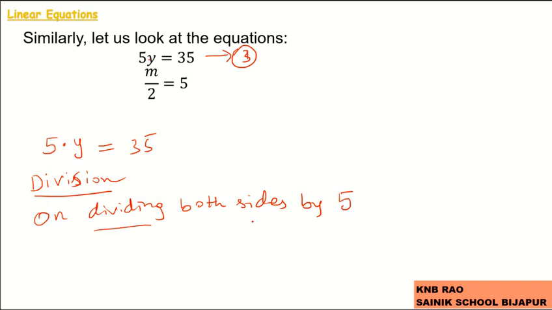So on dividing both sides by 5, it looks like 5 into y upon 5 equals 35 upon 5.